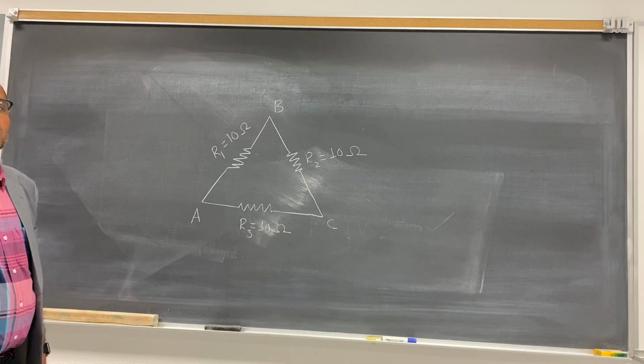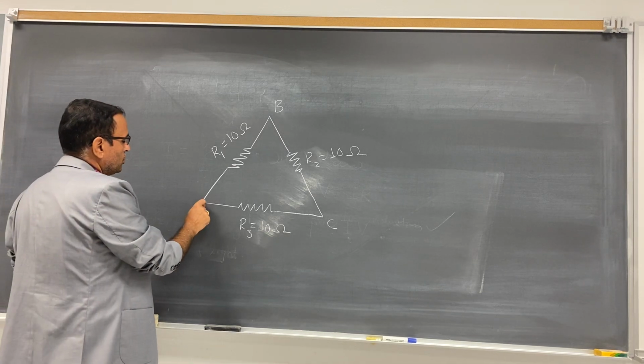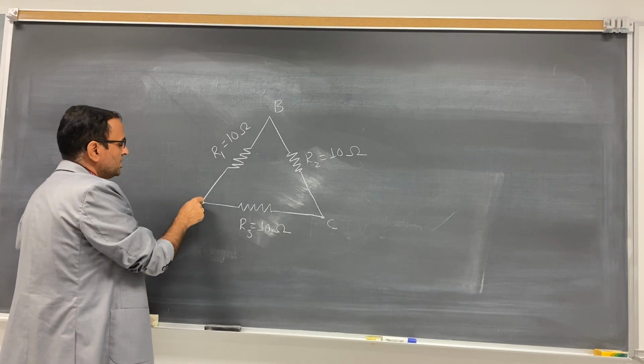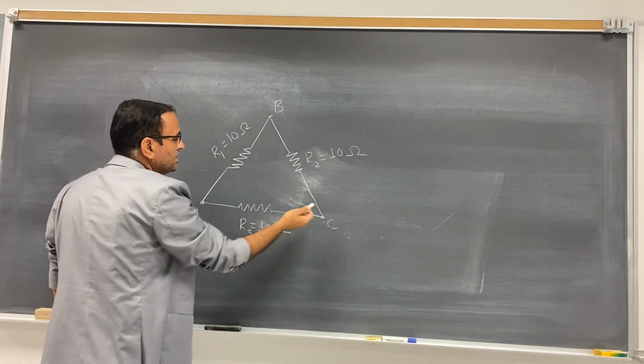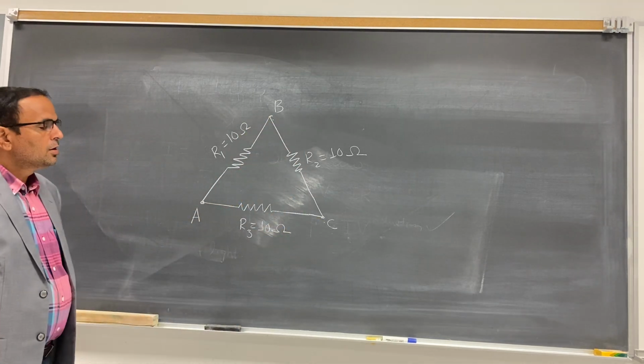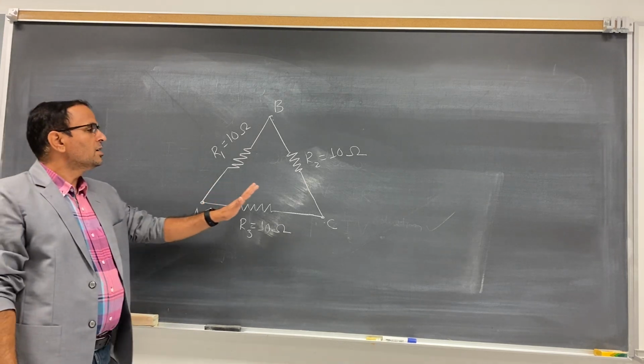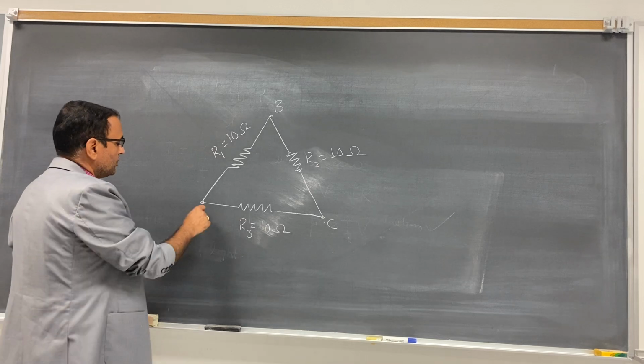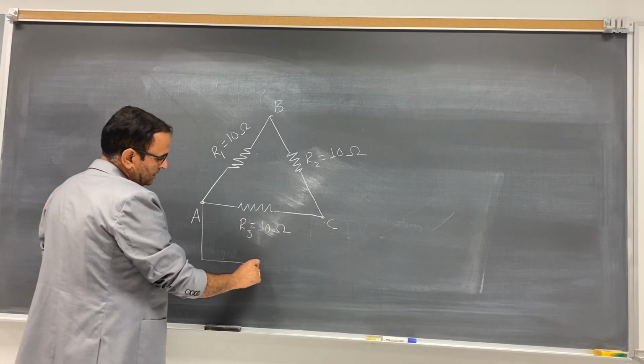What is the equivalent resistance between these 2 points, or any 2 points, like B and C, because they are identical? If you want to figure out the equivalent resistance, total resistance, net resistance, that's the same thing.